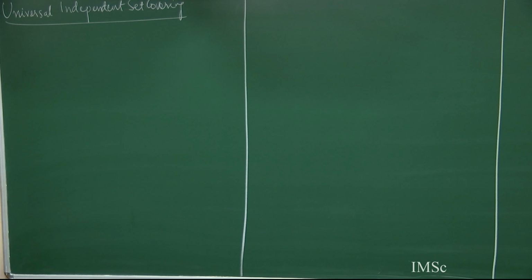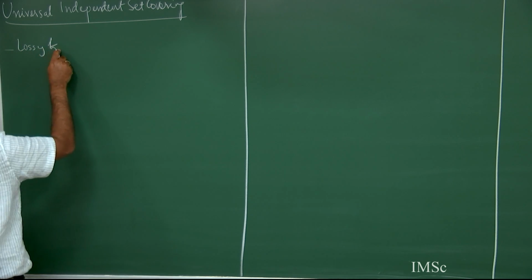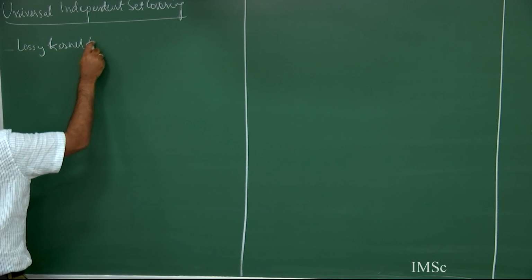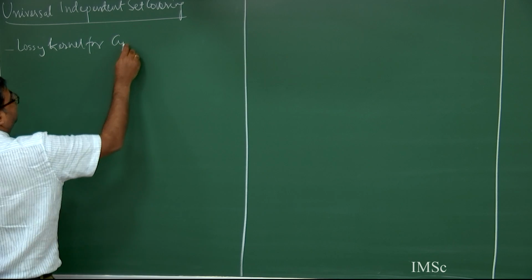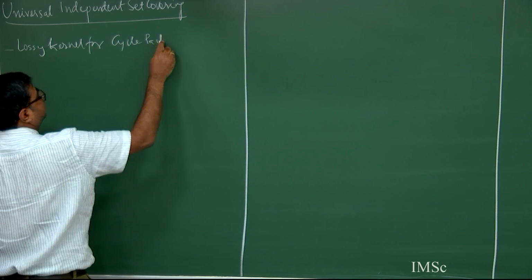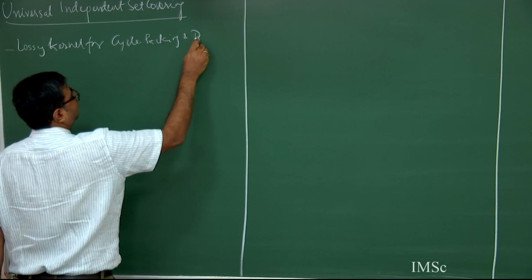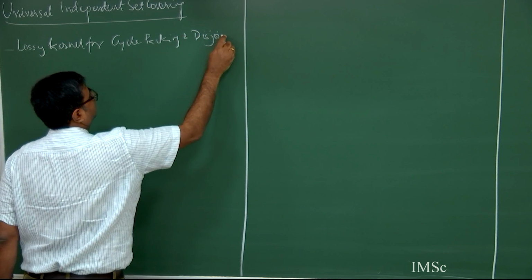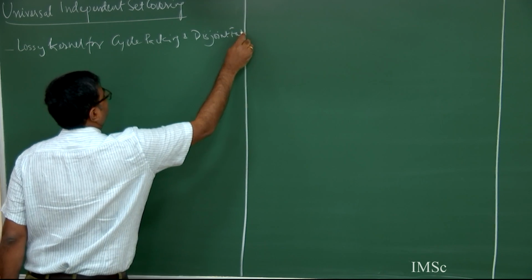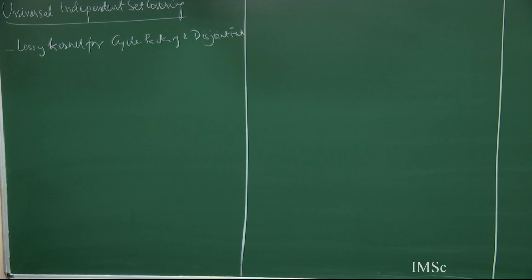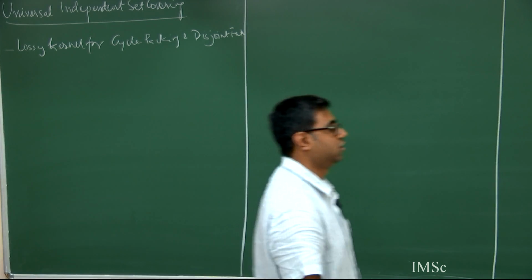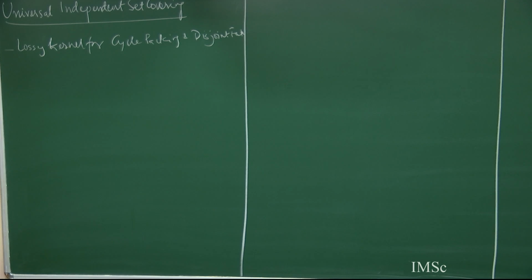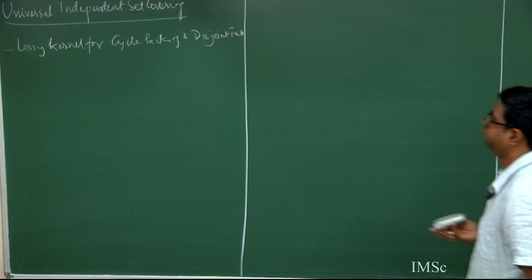We will use this finally to see the lossy kernel for cycle packing and disjoint factor. But in this lecture, we don't have to worry about any definition from lossy kernel. We'll just concentrate on this combinatorial lemma which I would like to prove today.